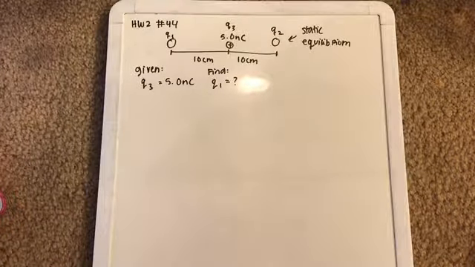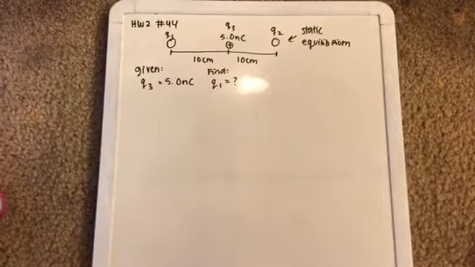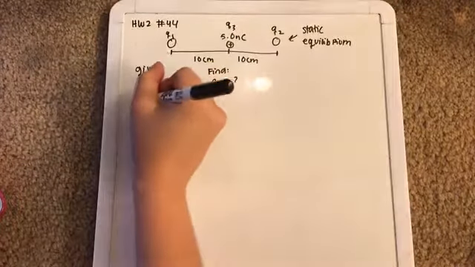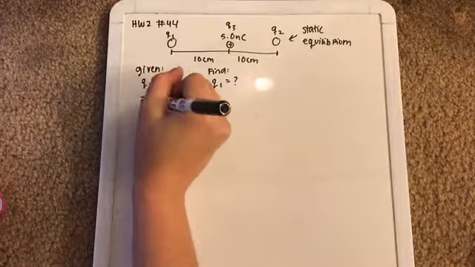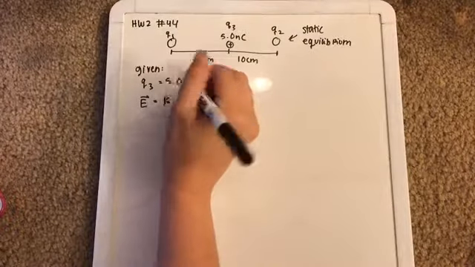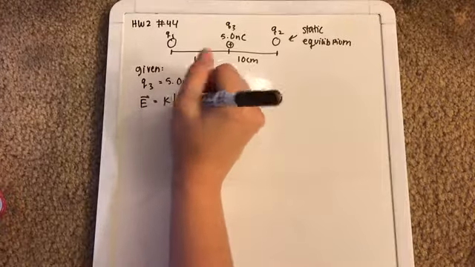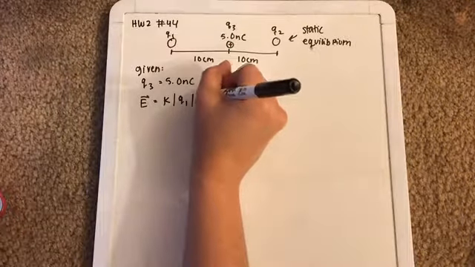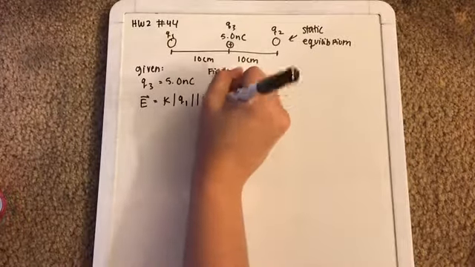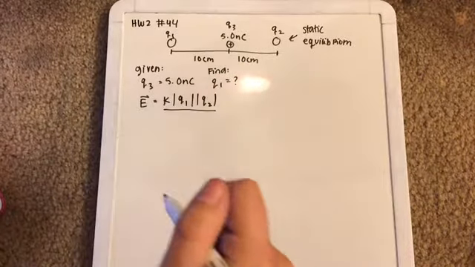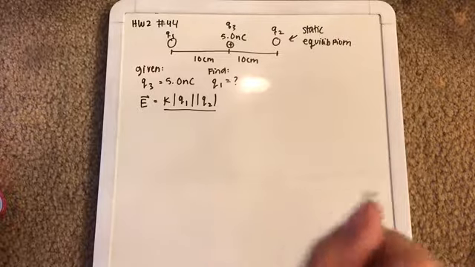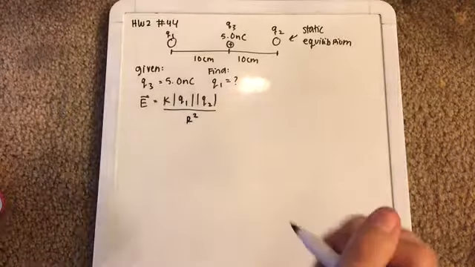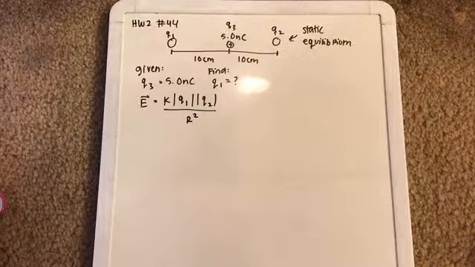Okay, so we know that the equation for electric field is E equal to Coulomb constant K times the magnitude of point charge 1 times the magnitude of arbitrary point charge 2 over r squared, which is the distance between the charges.